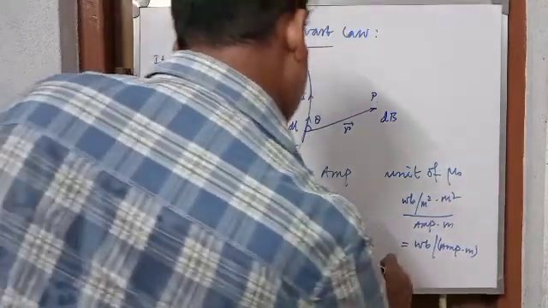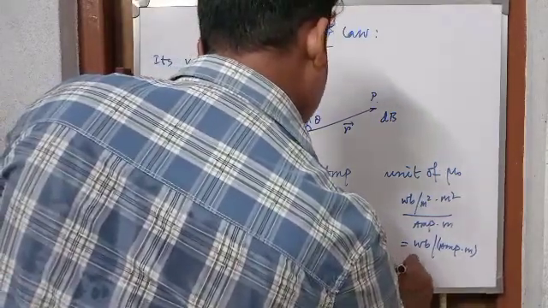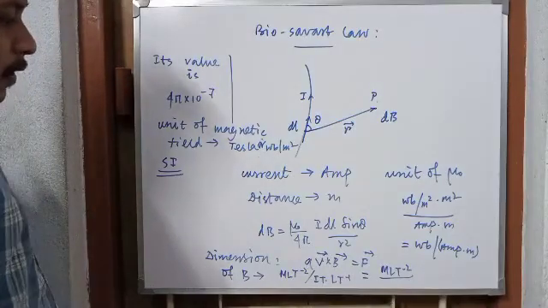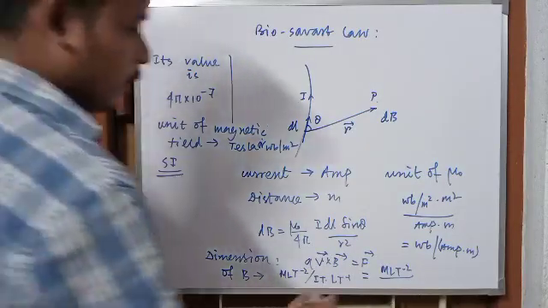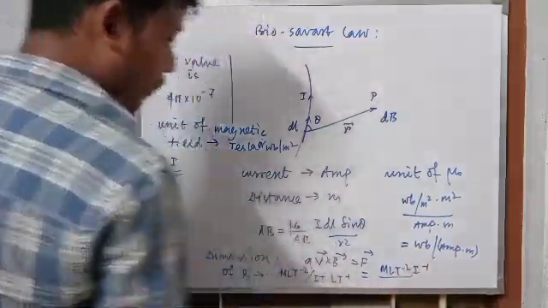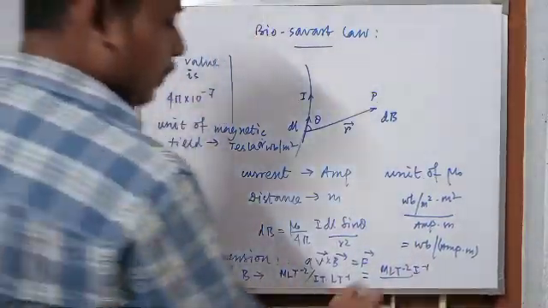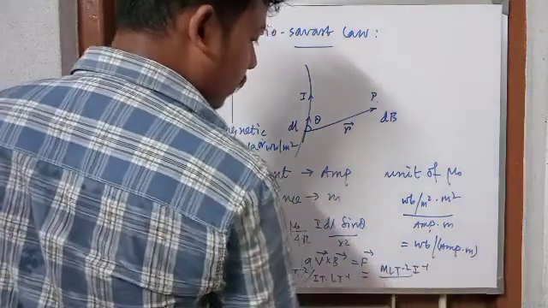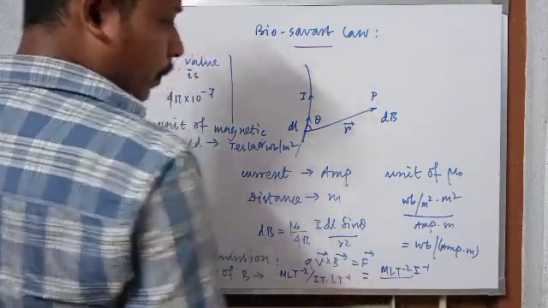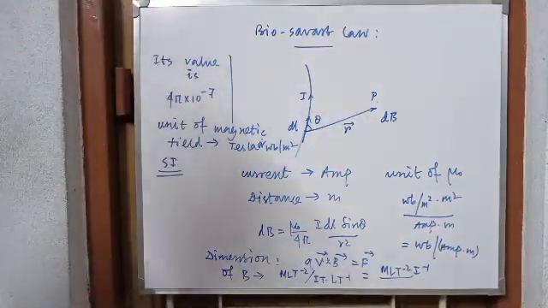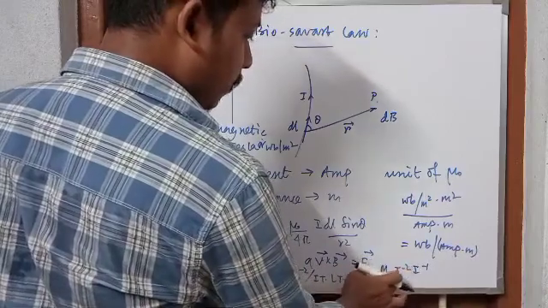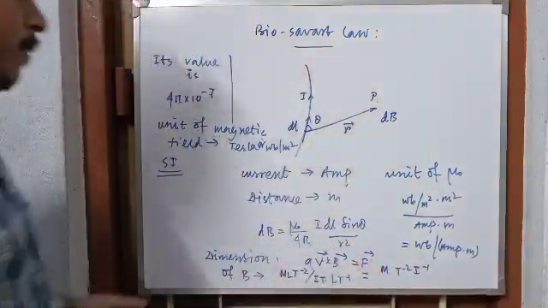So we find that M L T to the power minus 2 by I inverse, or L cancels. So M T to the power minus 2 I to the power minus 1.